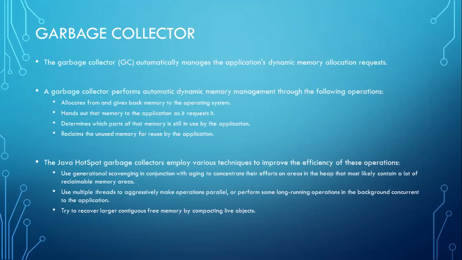If you want, I can go through in detail in the training session how this allocation happens. But understand this: an object requires memory, and it has to be stored in the heap to work on that particular object.